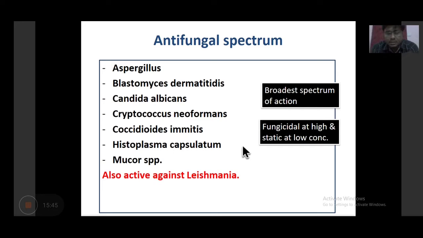Not only in fungal infection, it is also active against Leishmania infection. We'll see this when we cover antiprotozoals. Apart from antifungal action, amphotericin also has some action against protozoa, that is, in Leishmaniasis we can use it.